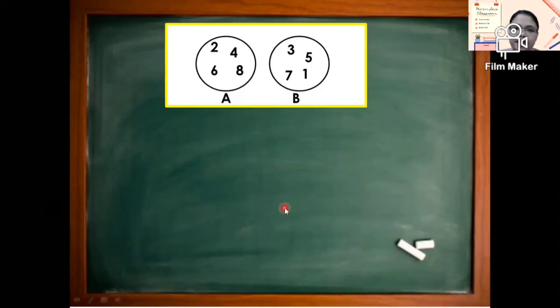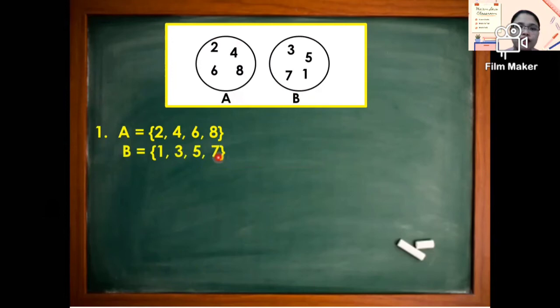Ayan. Let's have this given Venn diagram. Observe natin si event A at si event B. Kung papansin natin, sa event A, may mga numbers tayong 2, 4, 6, 8, while event B, meron tayong 1, 3, 5, 7. Okay lang po na magkakagulo-gulo lang siya. So, sa number 1, ang A natin is 2, 4, 6, 8. Sa ating B is 1, 3, 5, 7. To show us the union of these two given events, event A and event B, the union of A and B, pagsasamahin lang natin siya.